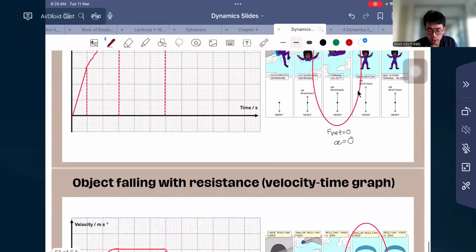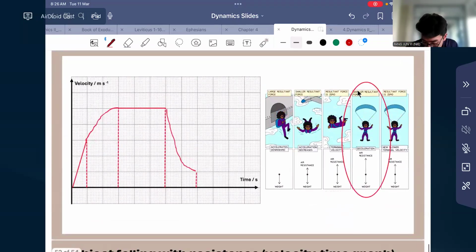Why one? Because once I open up the parachute, F net, you think about it, your resultant force will be negative, because we take downwards as positive. So your resultant force at this timing is upwards, so it would be negative.